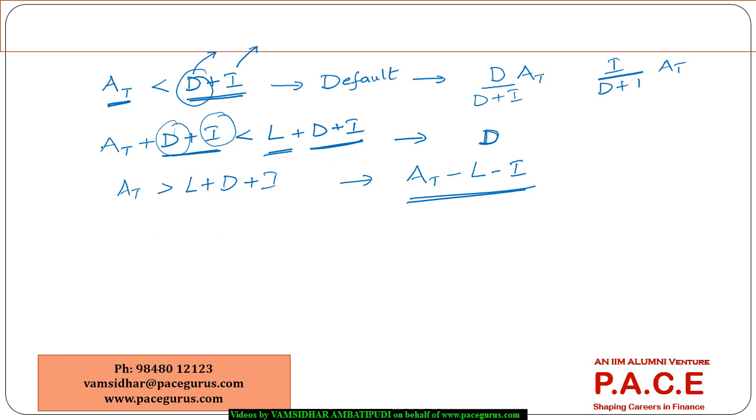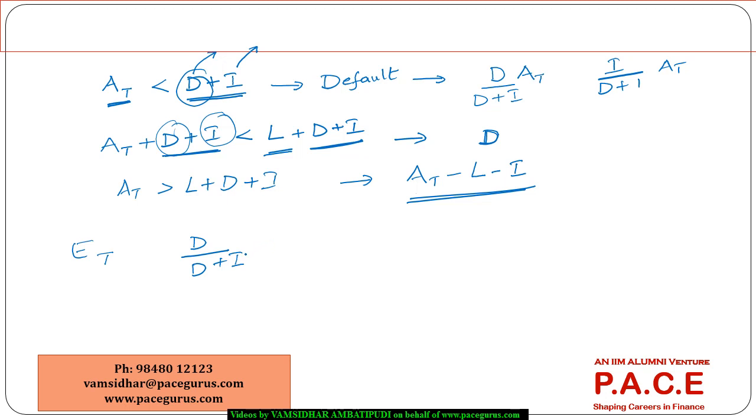So if I am looking at all these things together, position-wise, what is the position for an equity investor? I am looking at D by D plus I share in the asset.